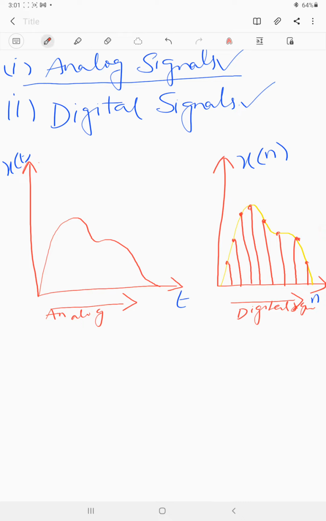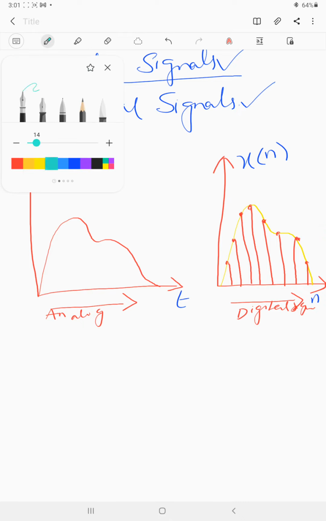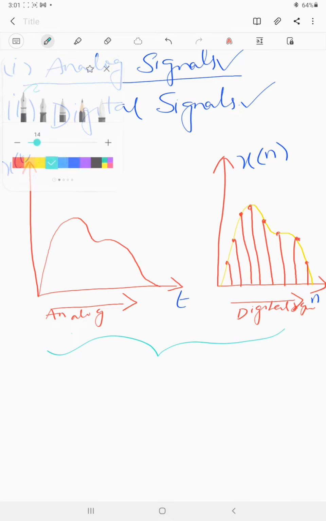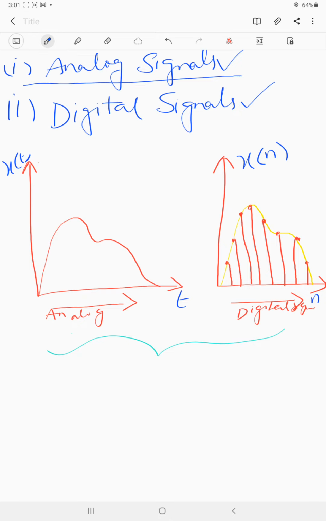To convert a signal from analog to digital, we can use sampling and quantization.